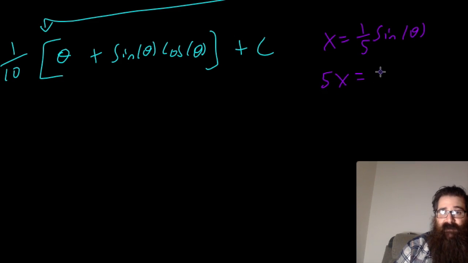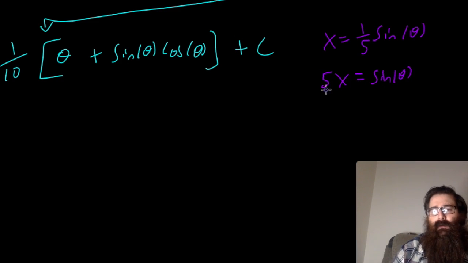So we say 5x is equal to sine theta. I really want to see this as a fraction, though. 5x isn't a fraction, so we just use that classic trick, divide by 1. 5x over 1 is sine theta. And we want to remember SOHCAHTOA, and this is the SOH. So it says that sine is the opposite over hypotenuse.